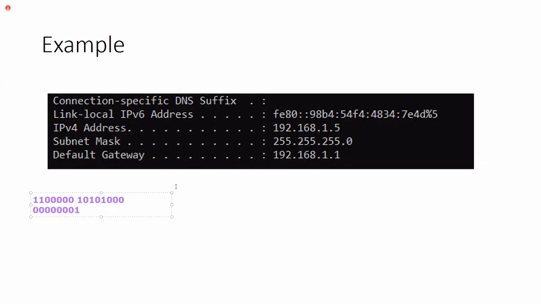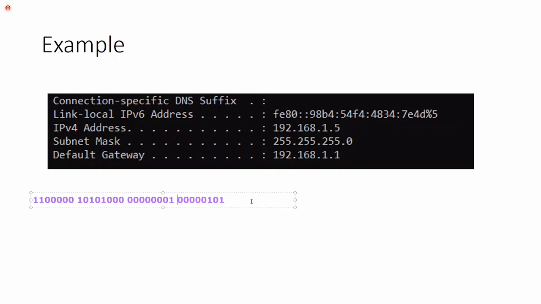And then 5. 5 is 4 plus 1, so 00000101, right? This is 1, then 2, then 4. Is that clear? So this is our IP address, right?